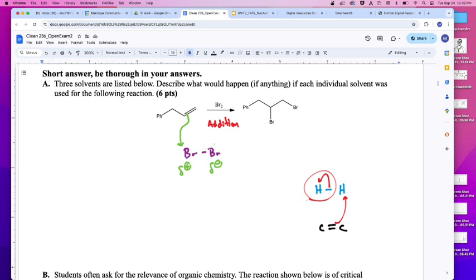So this reaction doesn't happen as two steps here. It's happening as one individual one, which sets us up with the phenyl, bromine positive, and our Br minus.